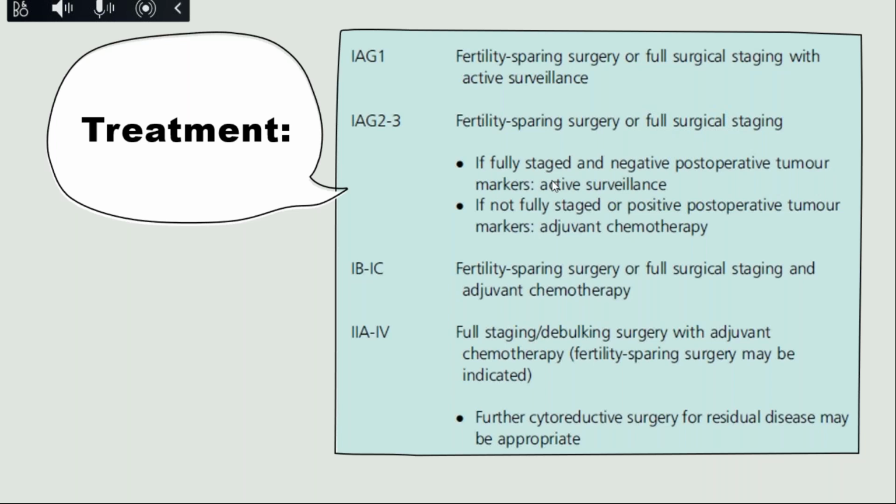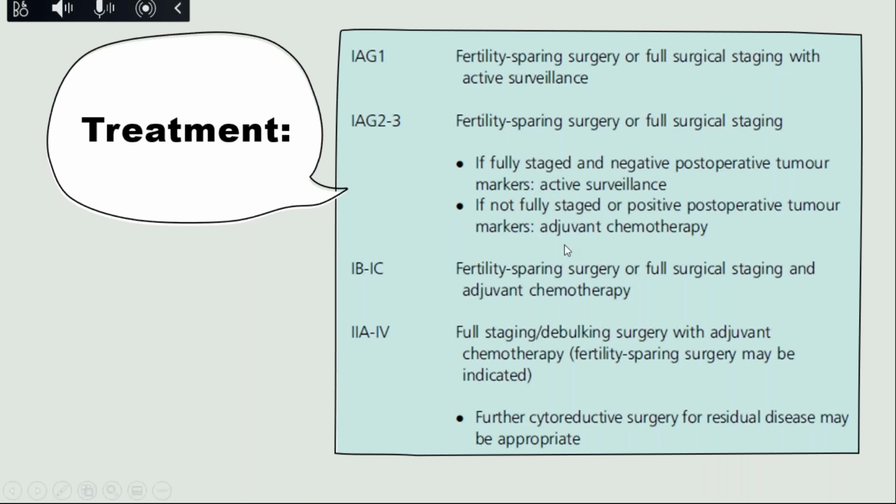And if there are any positive postoperative tumor markers, the adjuvant chemotherapy should be given. And in case of 1B and 1C, the fertility sparing surgery or full surgical staging and adjuvant chemotherapy should be given. And from stage 2A to 4, full staging or debulking surgery with adjuvant chemotherapy should be done. And further cytoreductive surgery for residual disease may be appropriate.